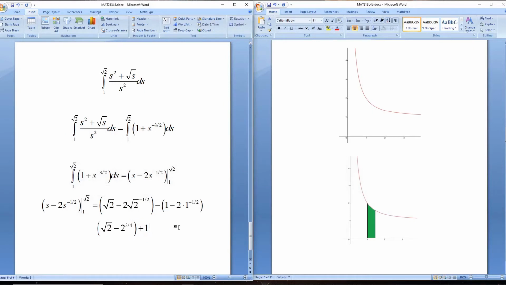And that is our final exact answer. So in my math lab, they may want the exact answer or they may want a decimal answer. So you just plug that into your calculator and carry it out to 2 or 3 decimal places, whatever it's asking for.